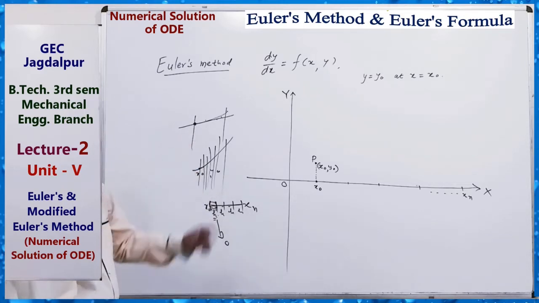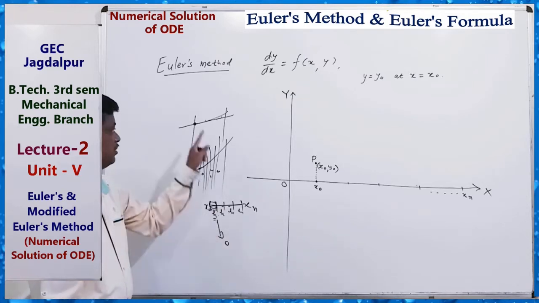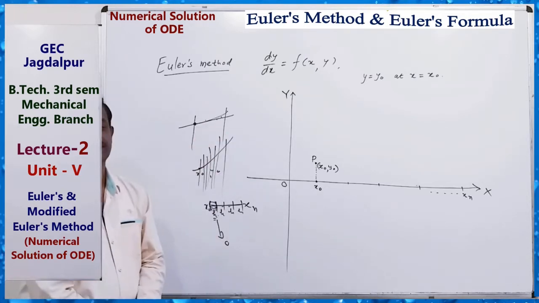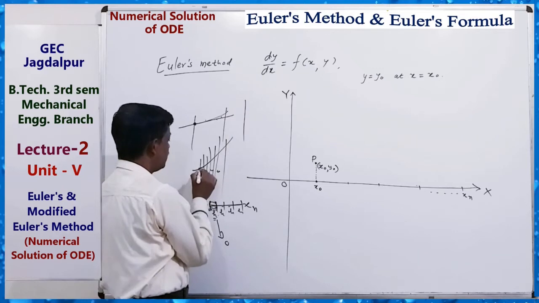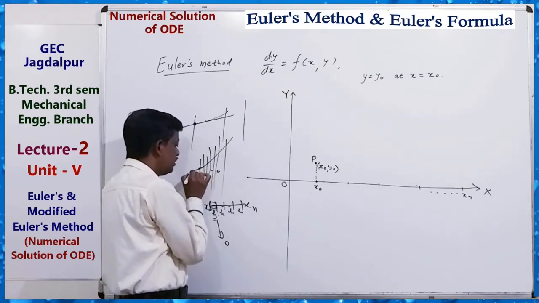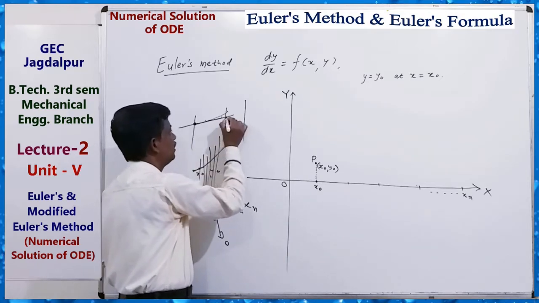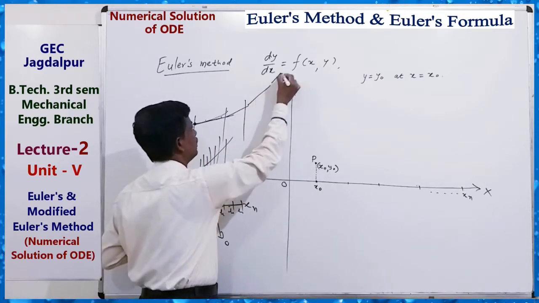So that is the main point of this method. In each interval we approximate the curve by a tangent, that is this line and then this line and then this line.